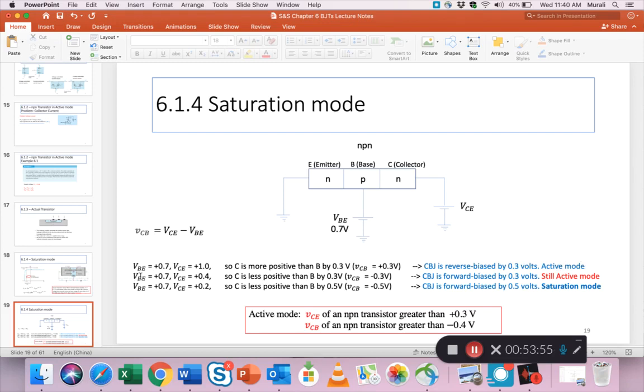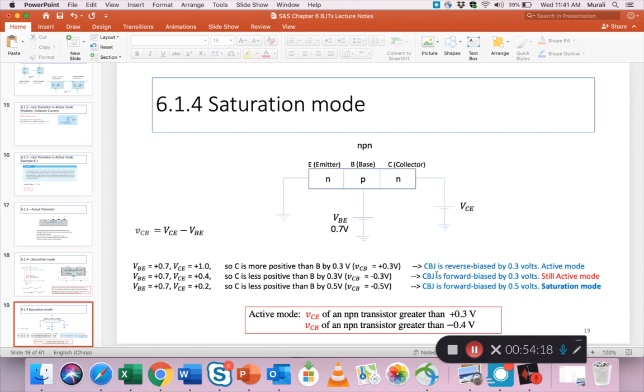Next, VB is 0.7, but VC is dropped to 0.4. We've reduced it to 0.4. Is it still active? Let's see. C is less positive than B by 0.3 volts, because this is 0.4, this is 0.7. So C is less positive, so VCB is minus 0.3.